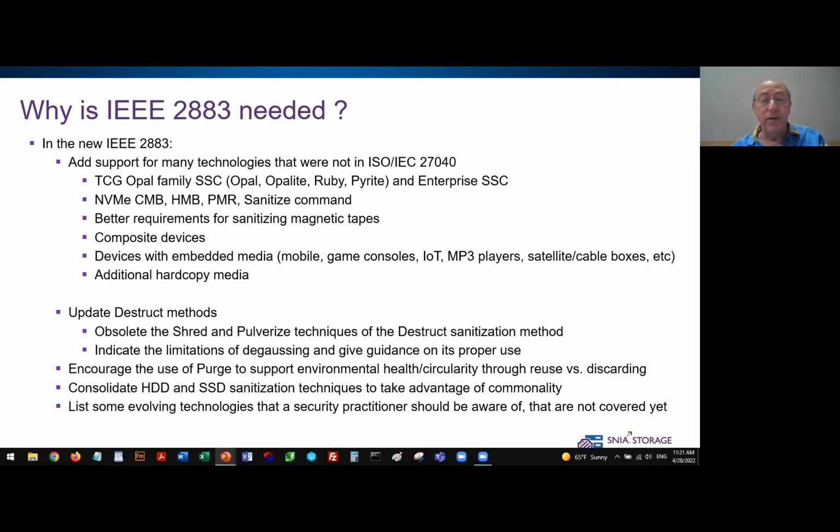And we've consolidated hard drive and SSD techniques because, from an interface command level, there's not a lot of difference between an ATA hard drive and an ATA SSD, or the same thing on SCSI or NVMe. And yes, NVMe hard drives are coming.